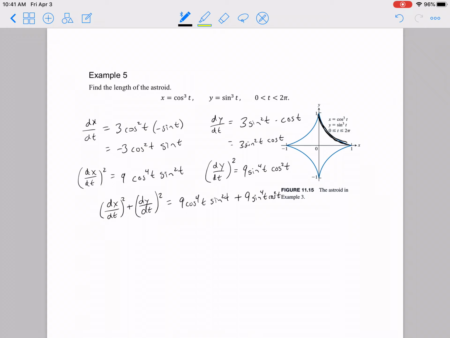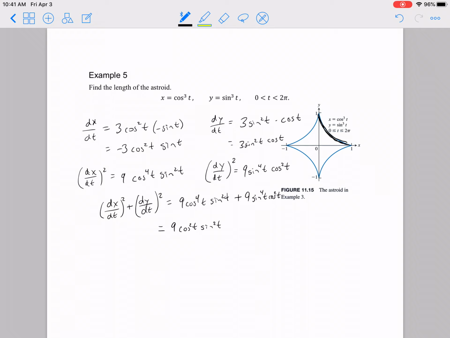And then we can take that and factor out a 9, a cosine squared of t, and a sine squared of t from everything.